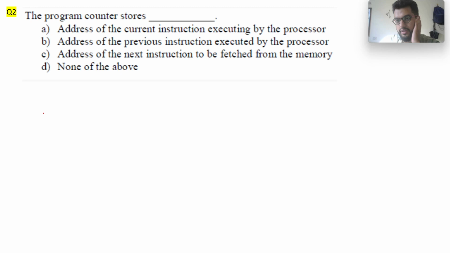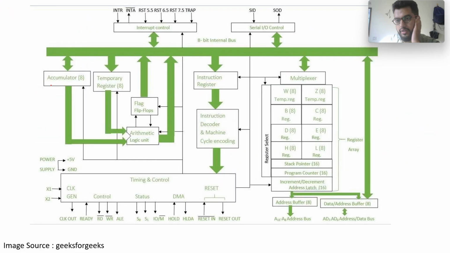What does the program counter do? It shows the address of what? Yeah, it shows the address of the next instruction to be fetched from the memory. Correct. That is option C. So option C is your right answer. Here is the program counter.